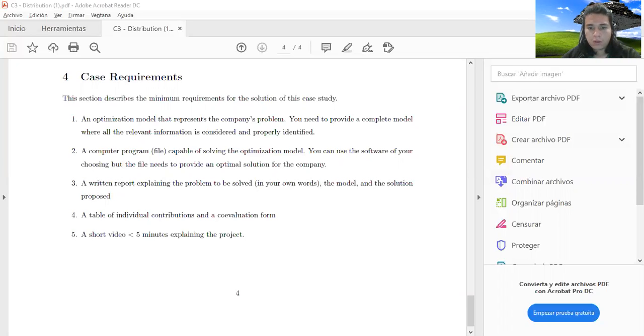Now, what was tricky about this is that we don't have a specific distribution cost. The case doesn't give us a distribution cost, and we don't have the distances between all of these distribution centers and production centers and all of the customers.